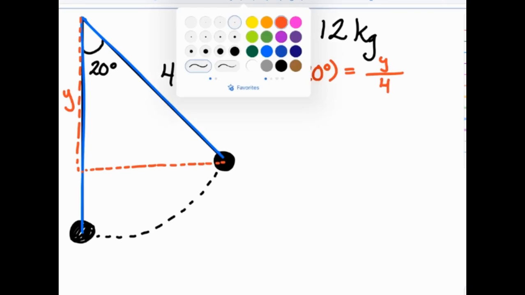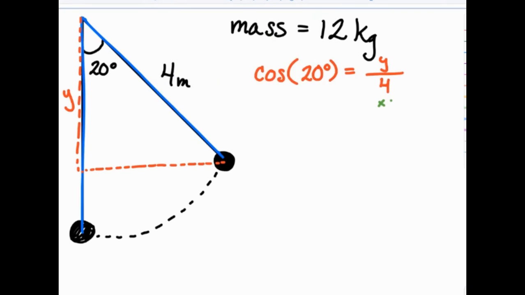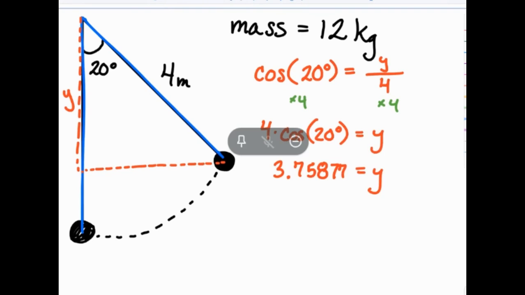I'm going to multiply both sides times 4, and I'm going to get 4 times cosine of 20 degrees. Then I just need to plug that into my calculator. Alrighty. So I get 3.75877 is equal to my y, which is great.